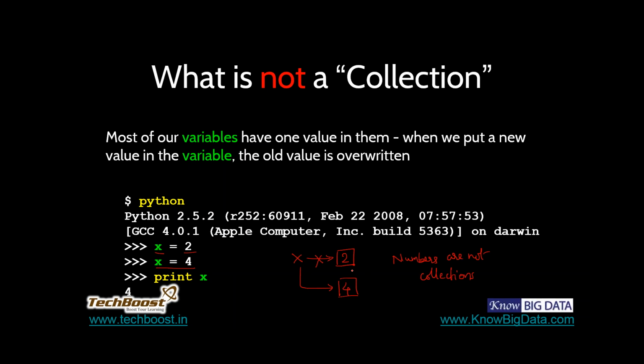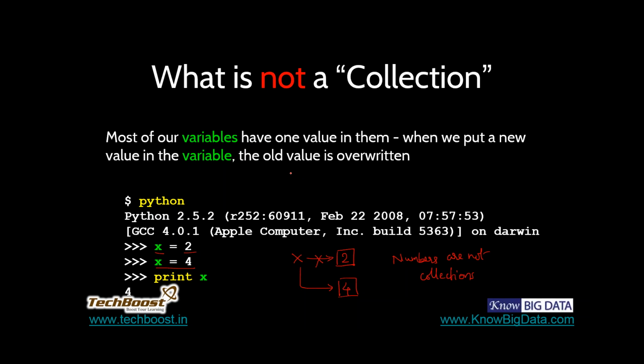Okay, so what in fact is the difference between string and a list? As we said, string is also a collection and lists are also a collection.